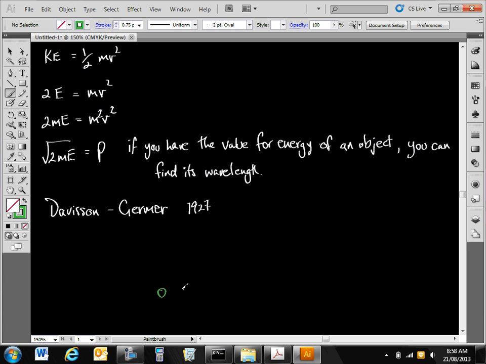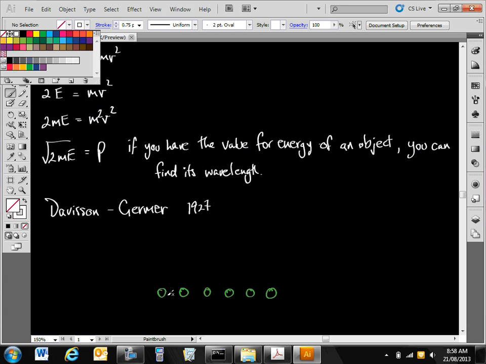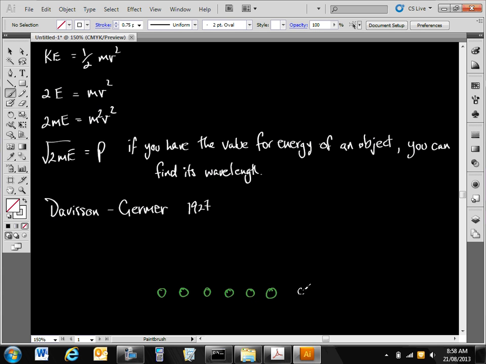They had atoms, very evenly spaced. In order to get very evenly spaced atoms, I could have a crystal surface.